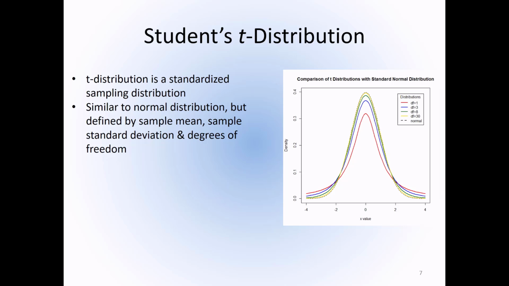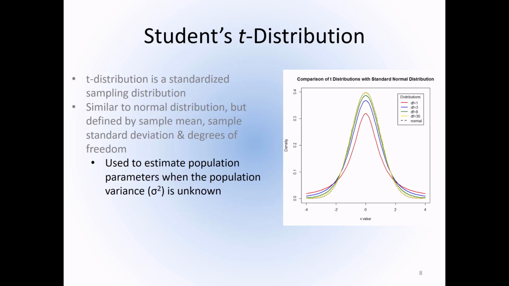This is going to be influenced by our sample size, and it'll also be influenced by how much variability we have in our respective data set. We use the t-distribution to estimate population parameters when we don't know the population variance. So we can't use the standard normal distribution in this particular situation.